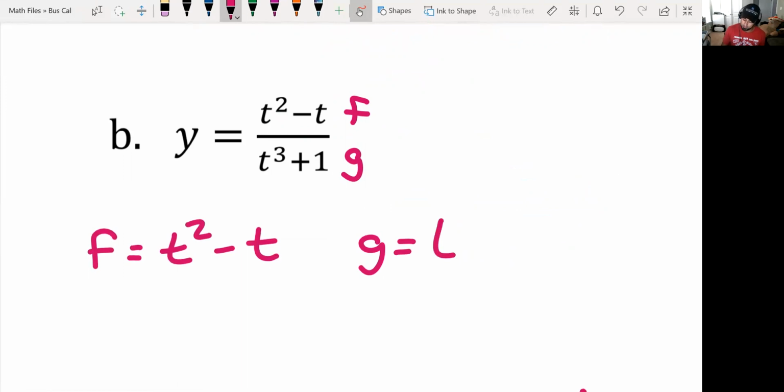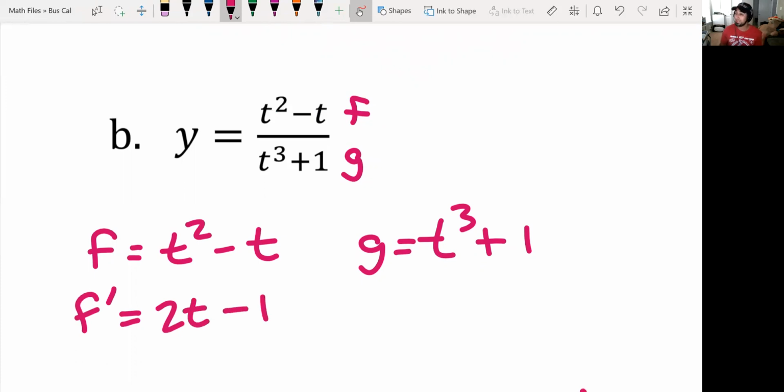G is t cubed plus 1. Take the derivative of f, 2t minus 1. Take the derivative of g, 3t squared.